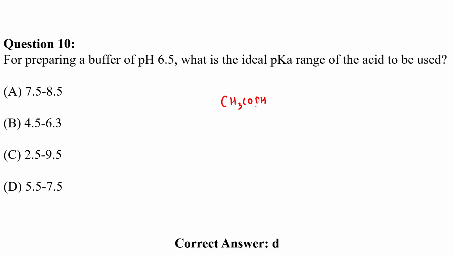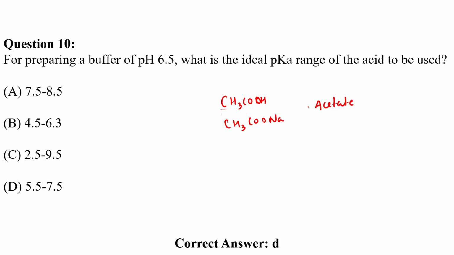If I take acetic acid and its conjugate salt, sodium acetate, and mix these two, basically I make a solution of sodium acetate and then adjust the pH with acetic acid, I will have a buffer system of acetate ion. I can call that an acetate buffer.